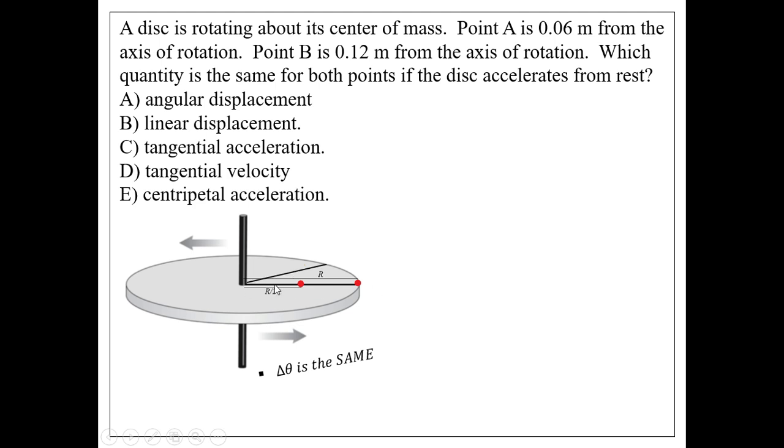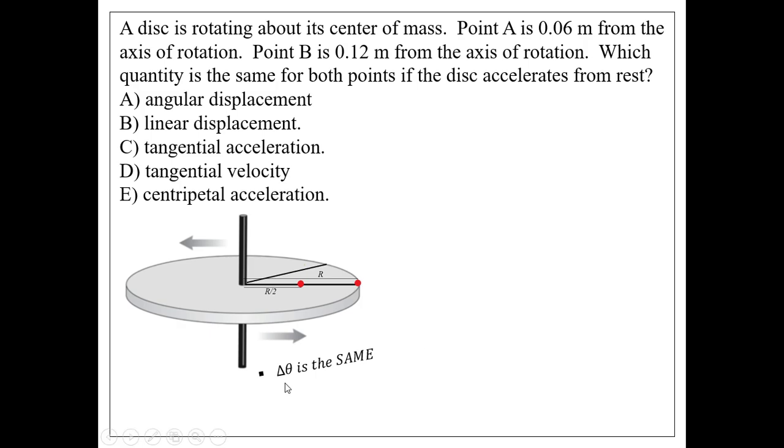For example, once this system starts to rotate, the inner dot at R/2 is going to rotate a certain angle. However, because it's on the same line, the point on the outer edge of the circle will also trace out the same angle. Not arc length, just the same angle, okay? So both these dots will have the same angular displacement because they trace out the same angle.